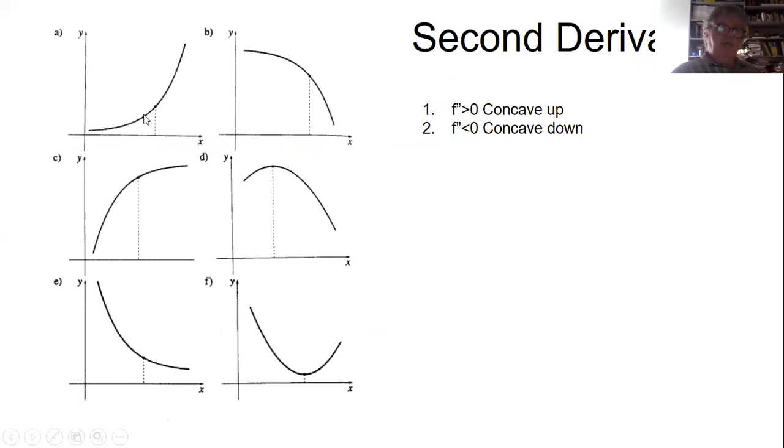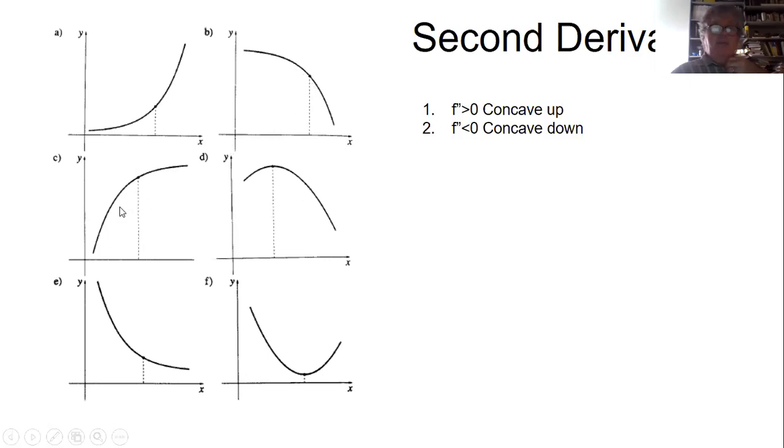At this point, the function is increasing, so the first derivative is positive. It's concave up, so the second derivative is positive. Here we've got it going down, so the first derivative is negative, but it's concave the other way, so the second derivative is negative.